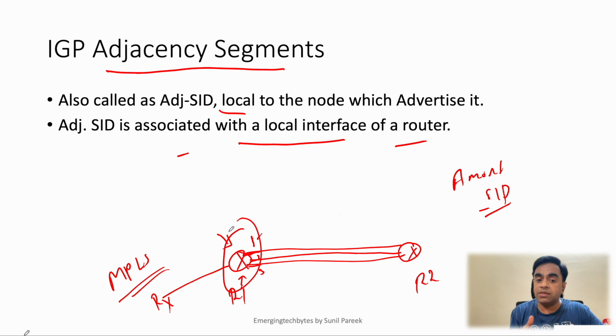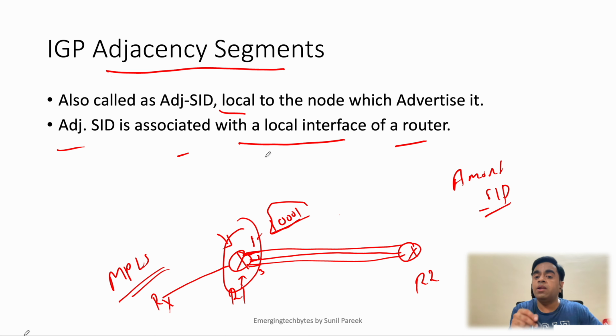All I need is that whatever this SID is, let's say 10,001, when the packet reaches R1, this label should be at the top. That's all I care about. So it does not make sense to have a global significance for the adjacency SID, and they are local in nature.